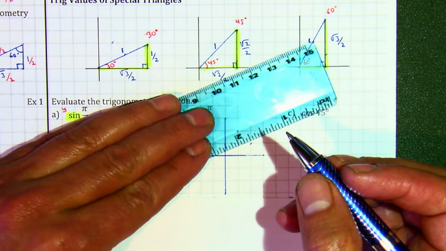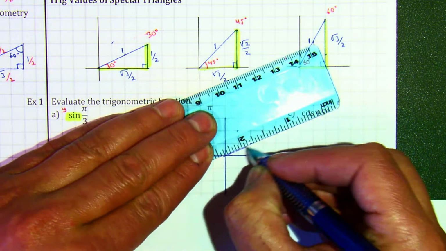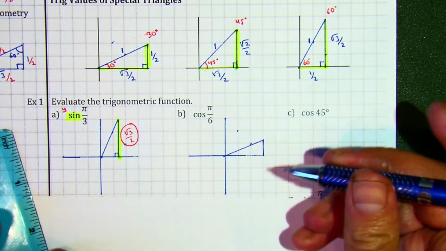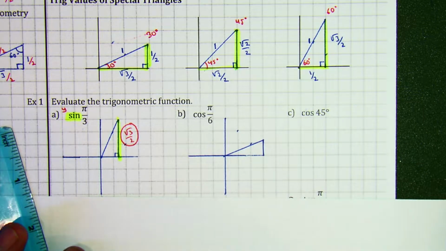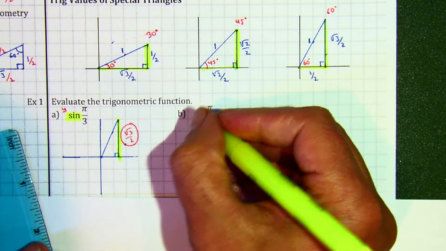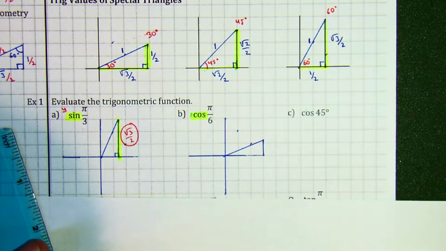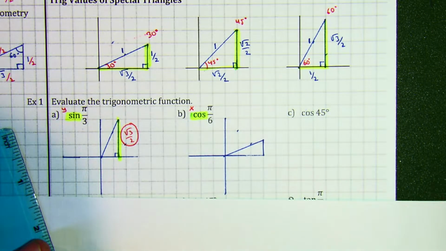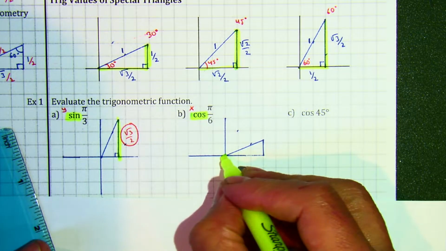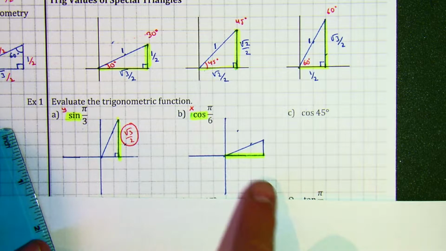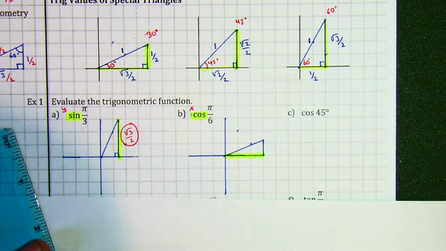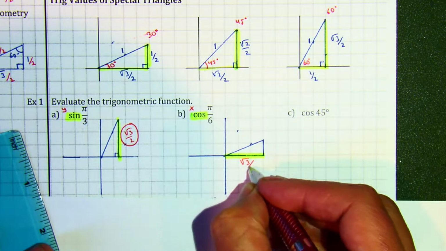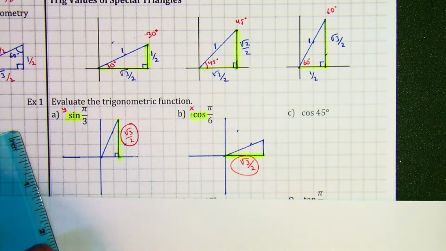So when I make my triangle, I can easily distinguish which is my longer side or my shorter side. Now, cosine, is that your x or your y? Cosine is your x value. So therefore, is your x value the shorter side or the longer side compared to your y value? That is the longer side. So therefore, that'll be equal to square root of 3 divided by 2. Easy as that.